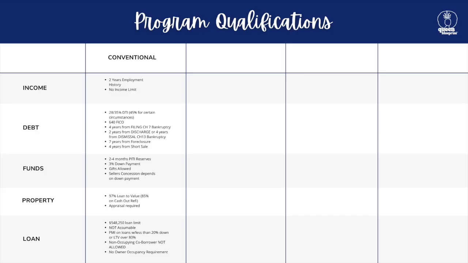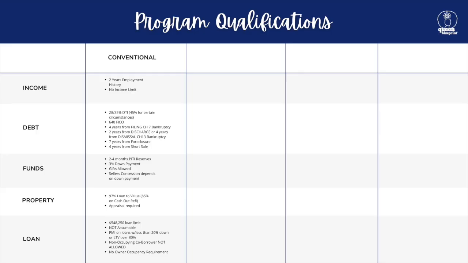So you need 28 to 35% DTI, 45% for certain circumstances. You need at the very least a 640 FICO score. Now, these are pre-pandemic. So post-pandemic, they may be looking for a 650 at the least to a 680 at the least. Okay?